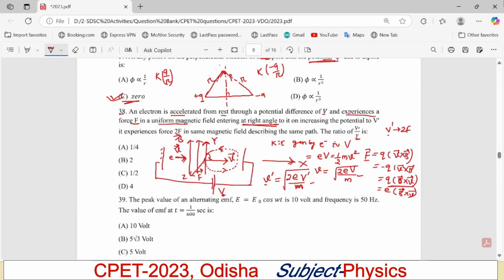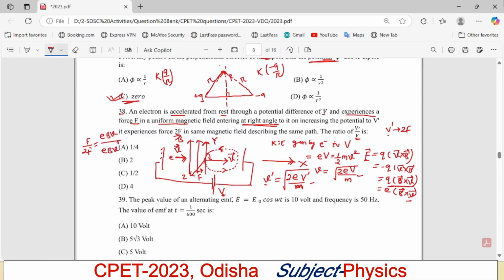Now for potential difference V, the force is F, and for potential difference V dash, the force is 2F. So consider F by 2F, and automatically we can find V dash by V. The force F is the magnitude eBv by eBv dash.